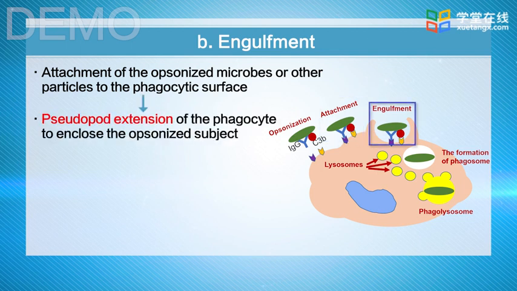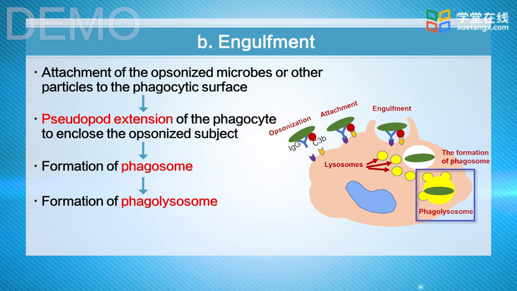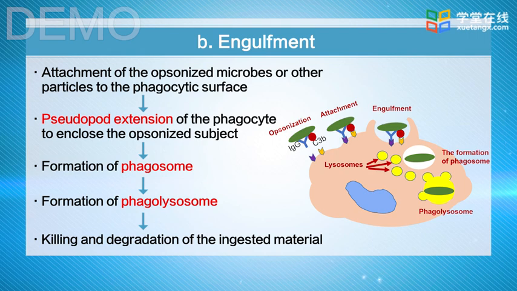Then the phagocyte extends pseudopods to enclose the microbe, forming a phagosome. The phagosome fuses with cytoplasmic lysosomes and forms the phagolysosome, into which the lysosomal contents are discharged. Phagocyte kills and degrades the ingested microbe in the phagolysosome.